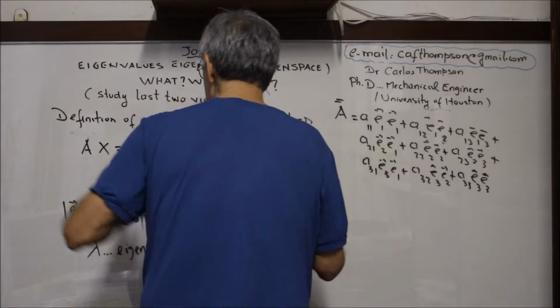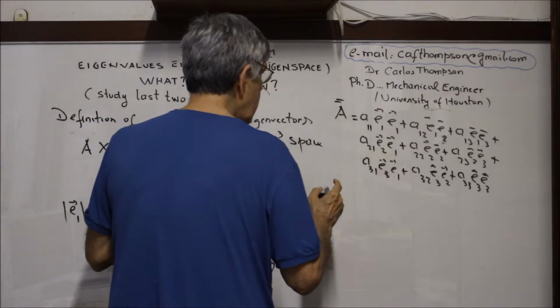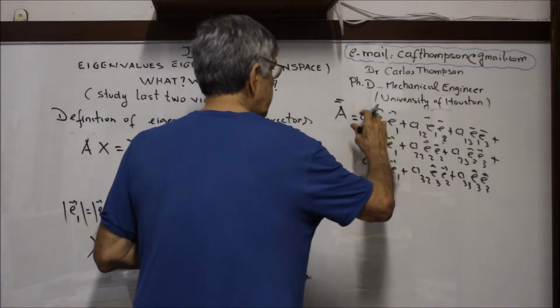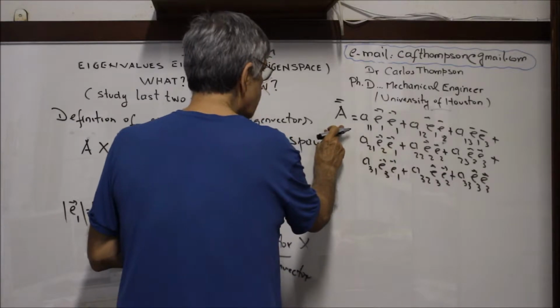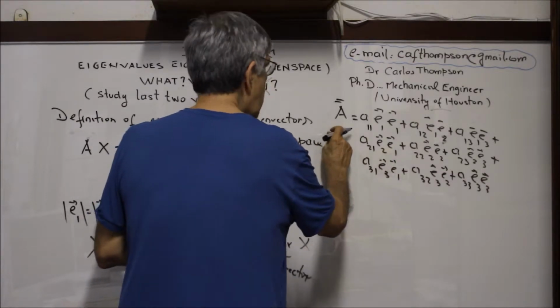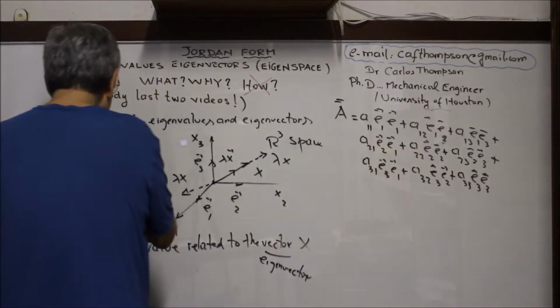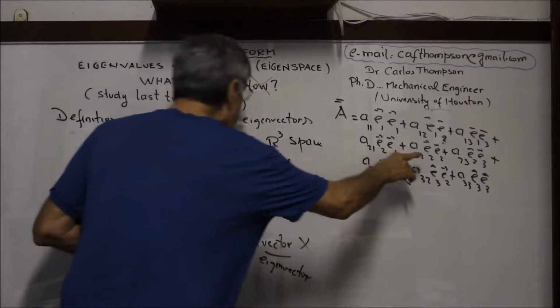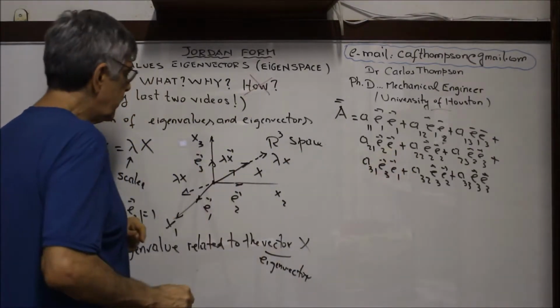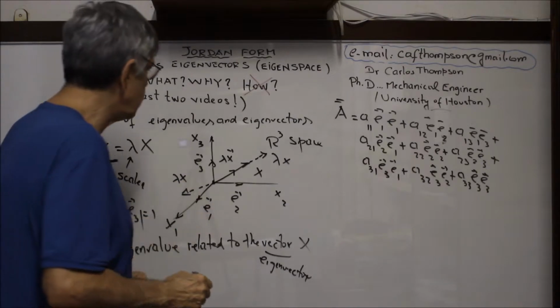Now the matrix A contains the components of the second order tensor.